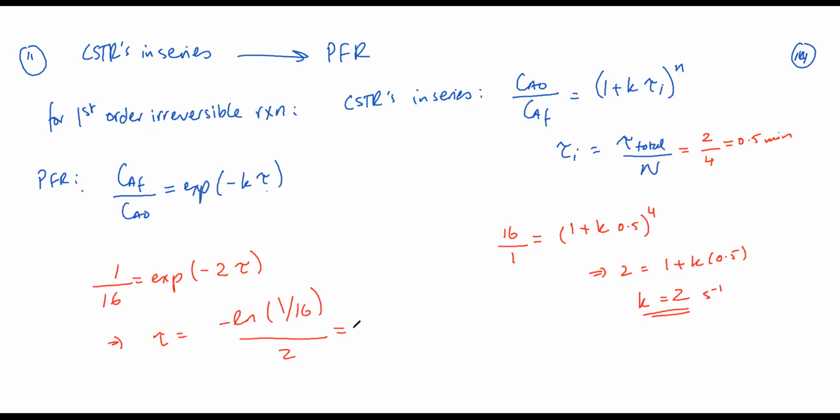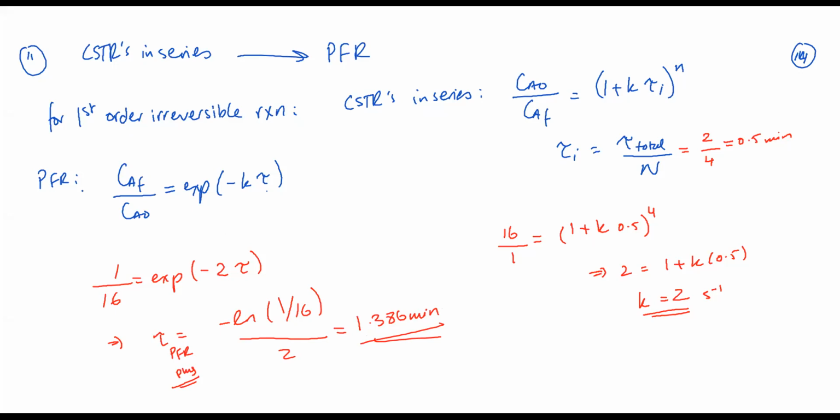And the number I got for tau, let me calculate it, I didn't calculate it actually, is 1.386 minutes, right? And this is the tau PFR, or tau plug, whatever you want to call it. And this is the answer to this problem.